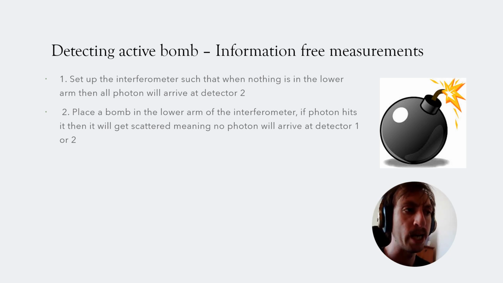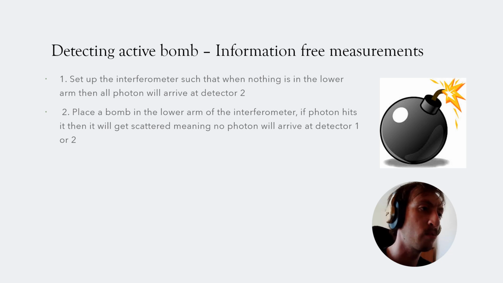Now, to see what's going to happen, although I won't go through the maths, it's worth talking about this qualitatively. If we think of the classical state corresponding to the photon hitting the bomb, so if the photon was going to exist in this classical state and did hit the bomb, then the bomb would, as we said, explode, meaning the photon would be scattered, and so the photon wouldn't actually arrive at detector 1 or detector 2.